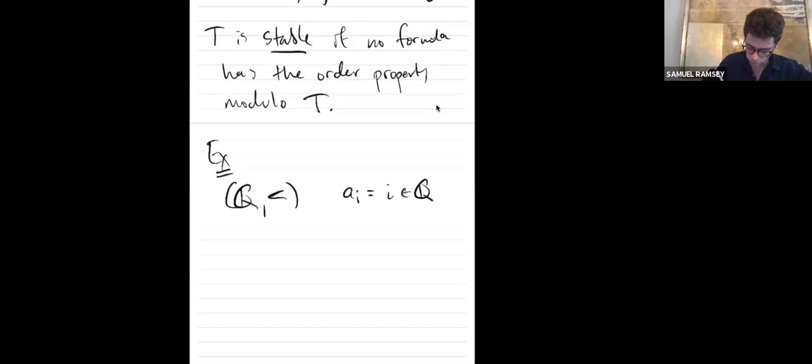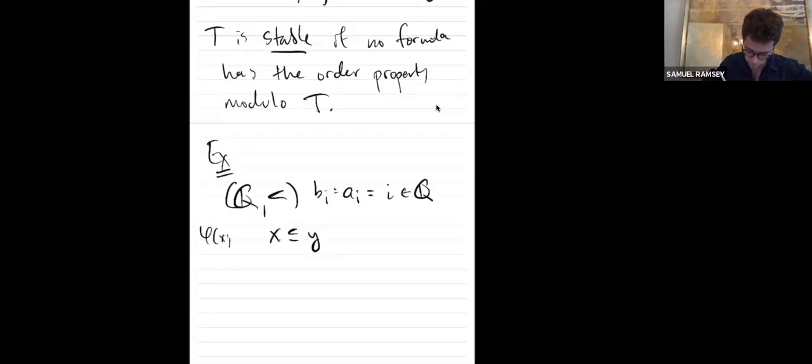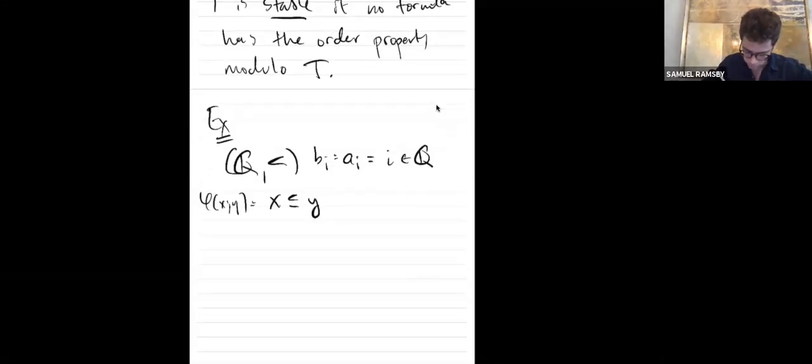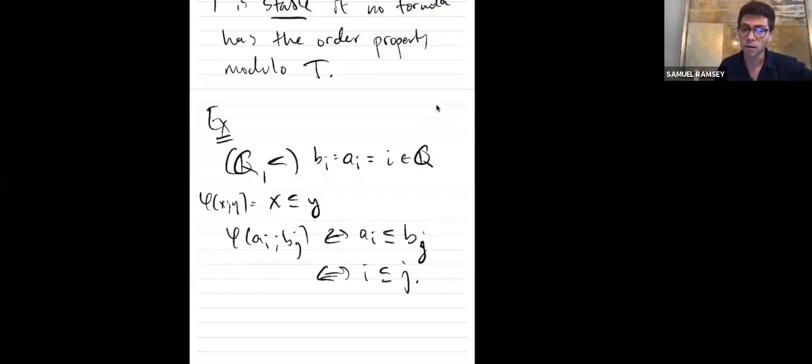Then b_i can also be a_i, and x is less than or equal to y can be our phi. Then it is true that phi(a_i, b_j) if and only if a_i is less than or equal to b_j by definition of the formula, and that happens if and only if i is less than or equal to j by definition of our sequence. So this is almost tautological. If you have an order around, then you have the order property. But interestingly enough, there are lots of examples where you have the order property and you have nothing like an order around.